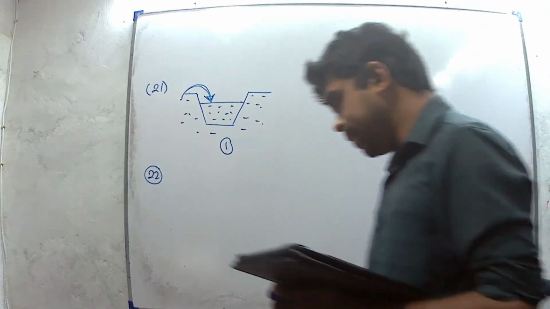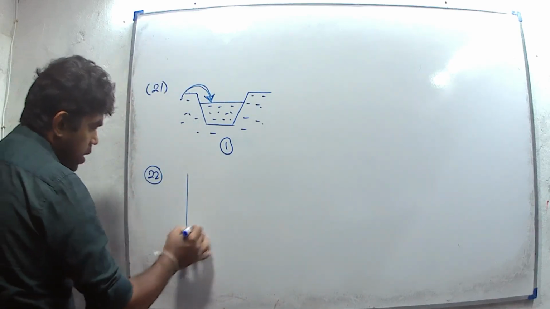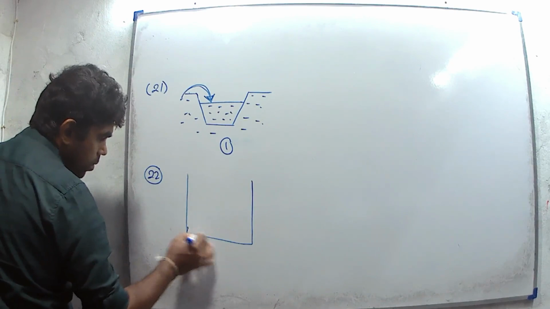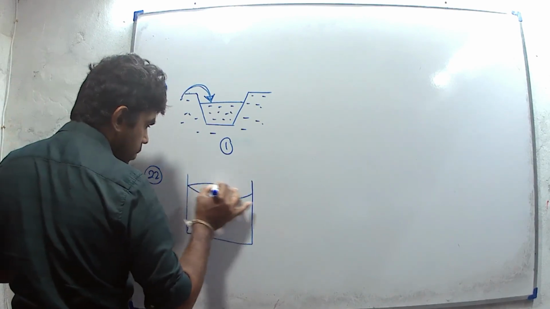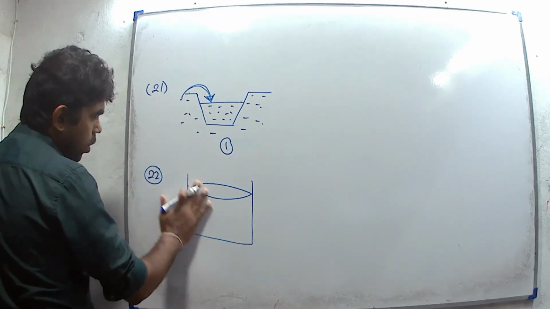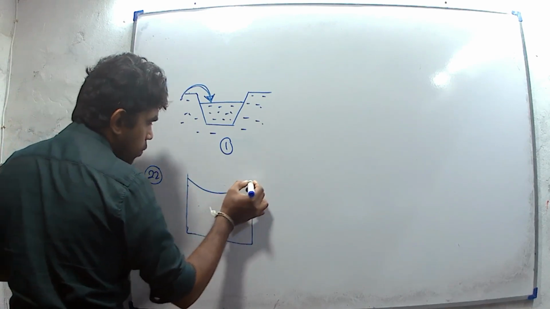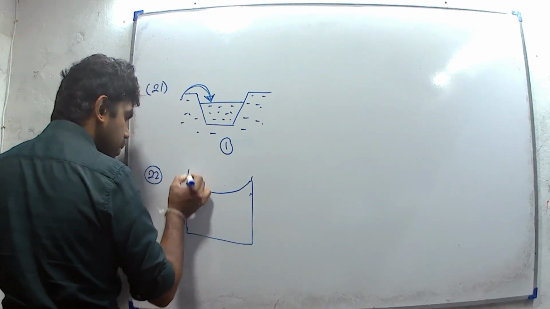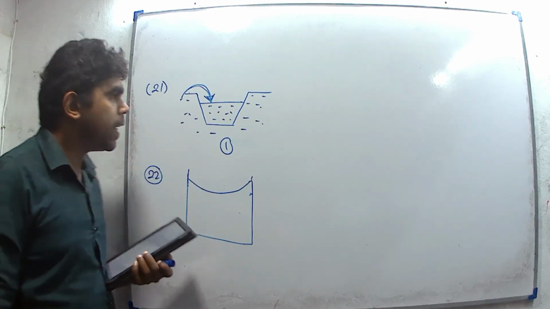We know that when rotating the system, the water level of the container will be like this because of centripetal acceleration.